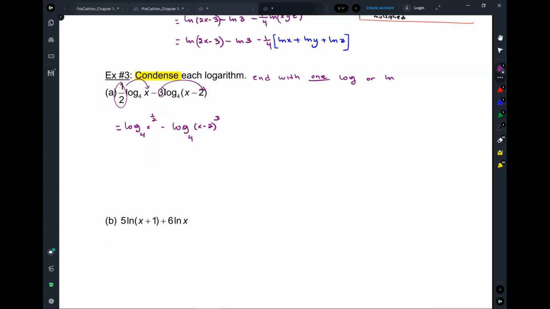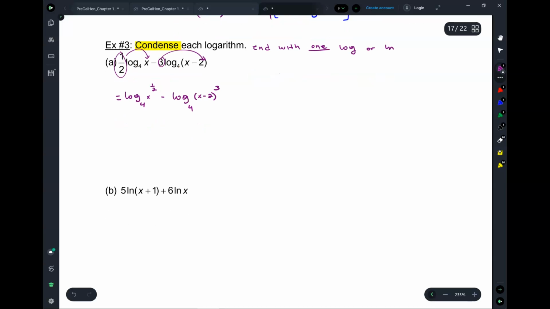That's only when you're condensing. You need to end with 1 logarithm. Now I still have two logarithms, so here's what I do. I put in one logarithm, and whatever this first one is, I just write that one. Let me write it a little bit bigger. Now the next one, it's a minus, right?